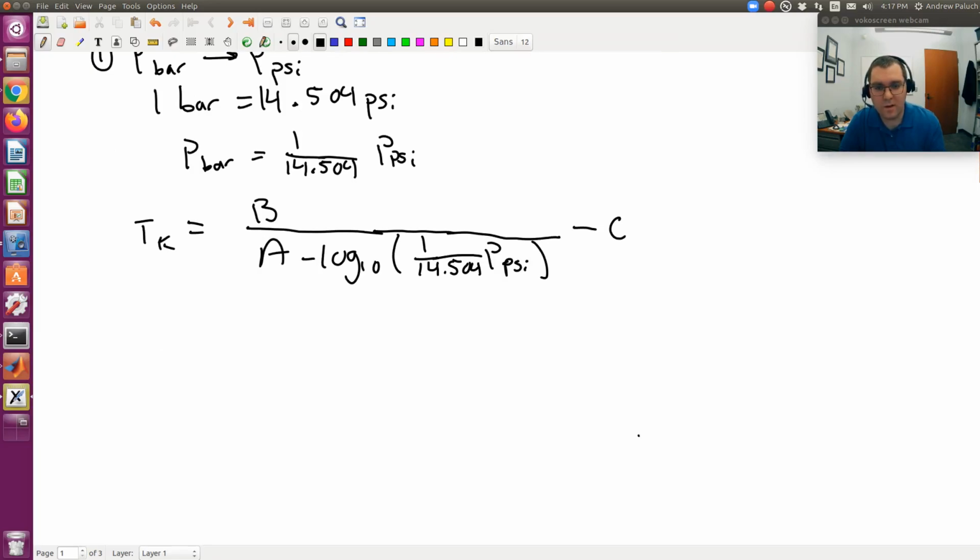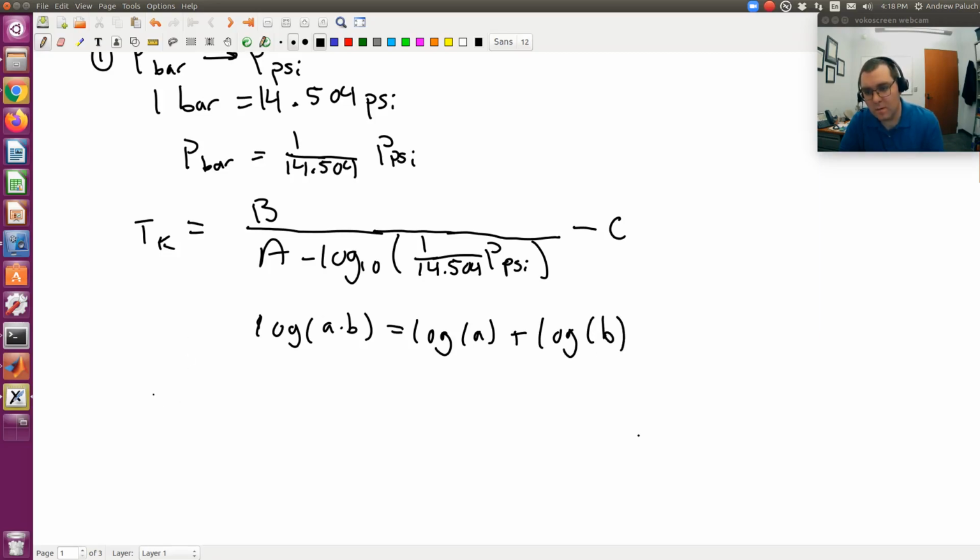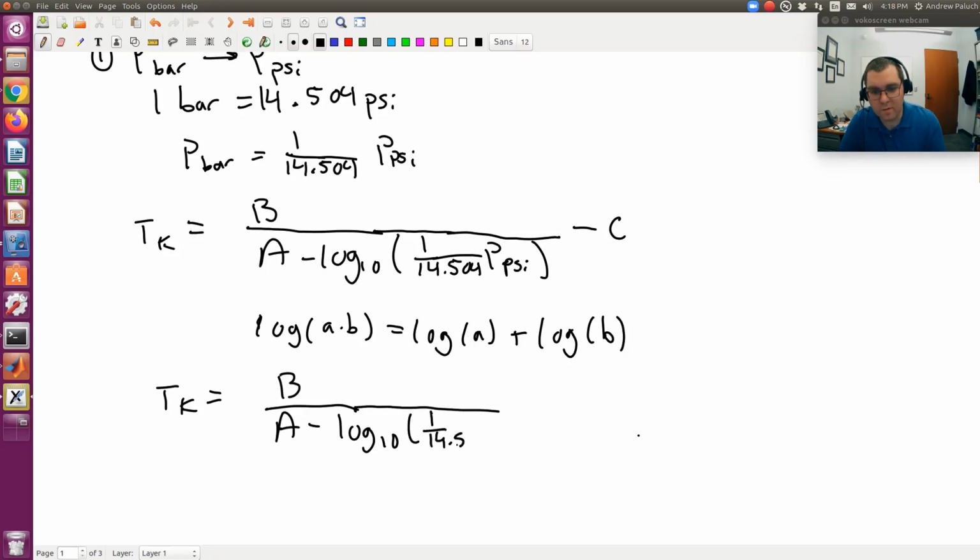Okay, so now to look at this term in the denominator a little bit more. First I'll do log trick 1, where remember the log of a product of two numbers is just equal to the log sum of those two numbers. So my temperature in Kelvin then is B over A minus log base 10 of 1 over 14.504.